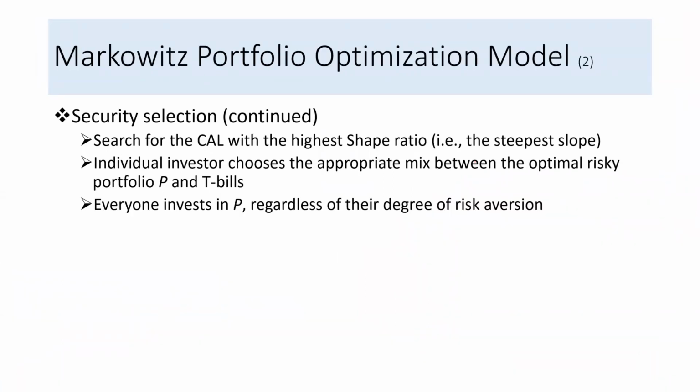Next, portfolio optimization theory says that the way of searching for the optimal portfolio is to look for the portfolio that offers the highest Sharpe ratio given a certain constraint. After you have a frontier, you know the best possible portfolio that you can invest in. Now there will be an individual's choice to mix between the optimal risky portfolio P and the T-bills, the risk-free asset.